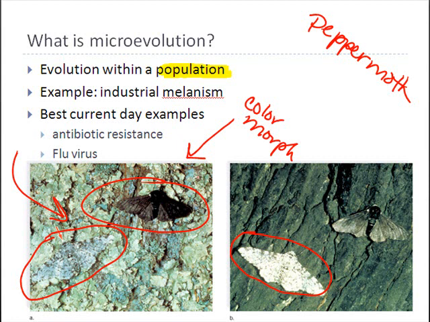When the Industrial Revolution occurred, though, so much soot started to accumulate on rocks, trees, and bark, etc., that it darkened significantly the bark of the trees, and suddenly the moths that had once been very well hidden on the bark of trees became the ones that were easily seen by birds and thus eaten, and the ones that had the darker wings suddenly had a favorable adaptation for the population.